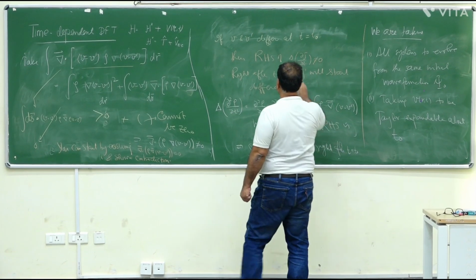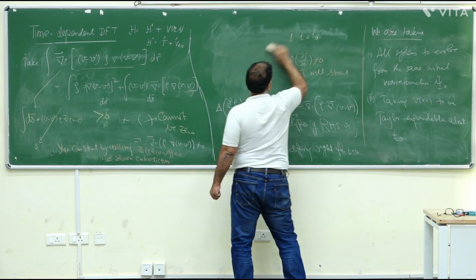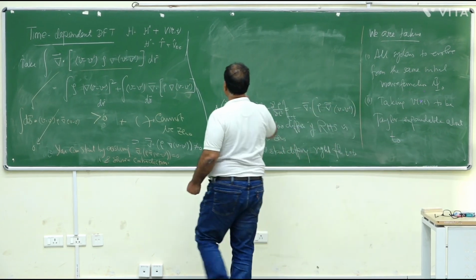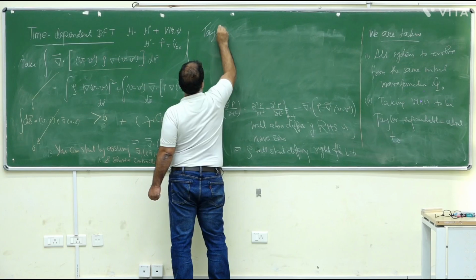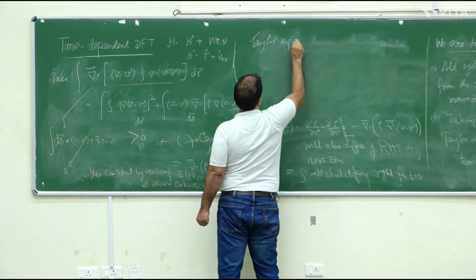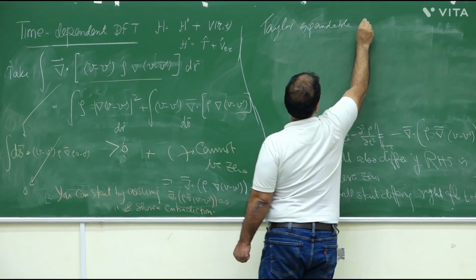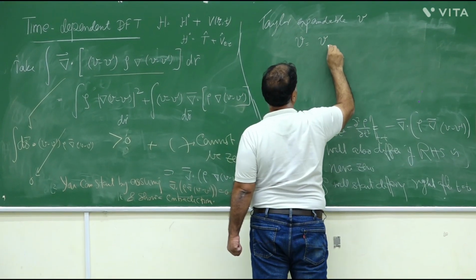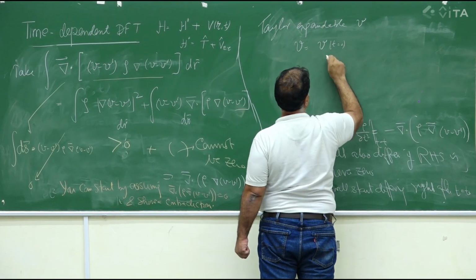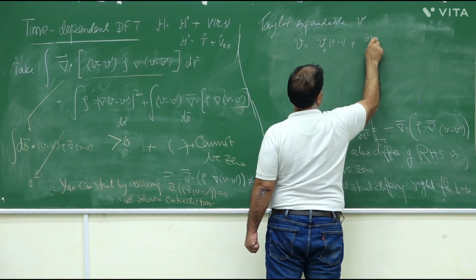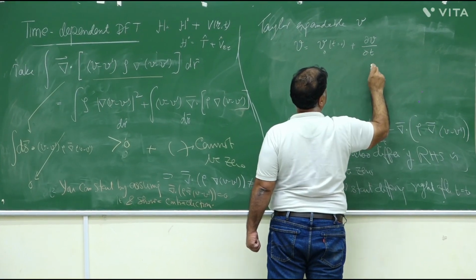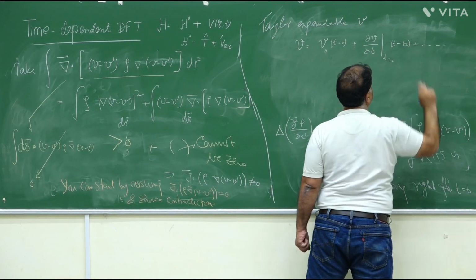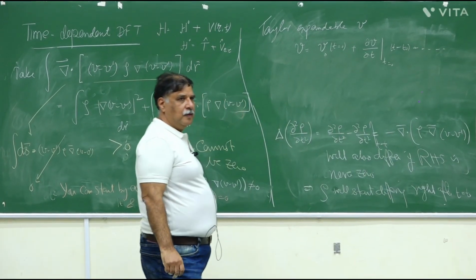One goes a step ahead and shows, suppose, now I'm going to use the Taylor expandable part. V I'm going to write as V at t equals 0 plus dV/dt at t equals 0 times (t minus t0) plus so on.